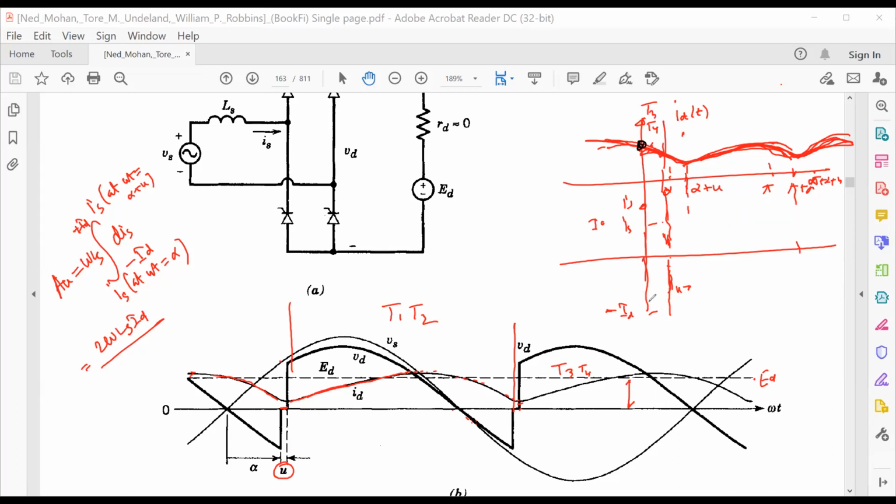Suppose this is your 10, it should be minus 10. If it is, say, 8, then you must go to minus 8. And suppose this is your 5, then you must go to minus 5.